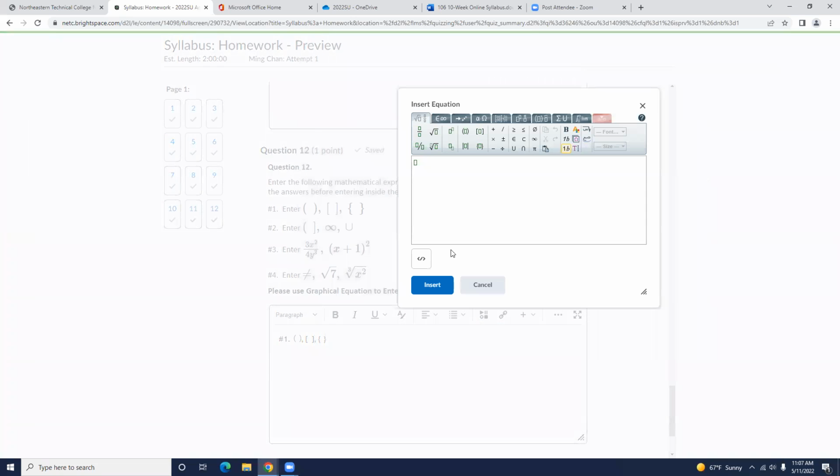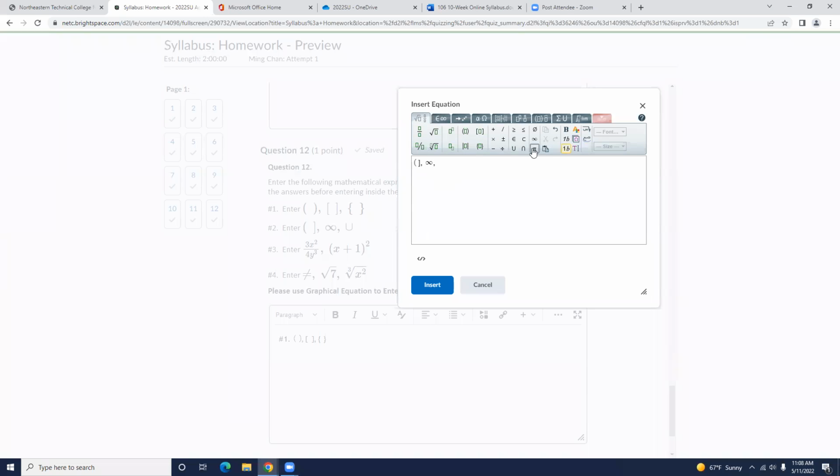For number 2, here we will need to use our keyboard. Open parenthesis, shift 9, space, close bracket, that will just be right above the enter, comma. Infinity sign is right here. Right now we're under the very first tab, which provides a lot of things you need. The next symbol is a union sign.